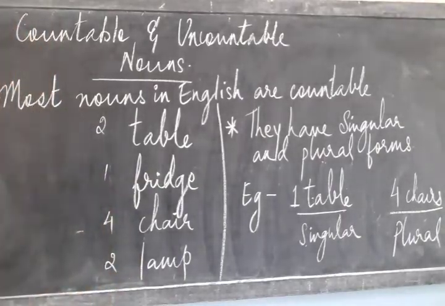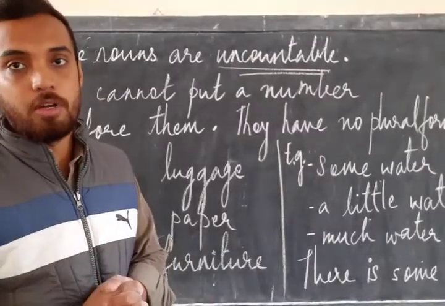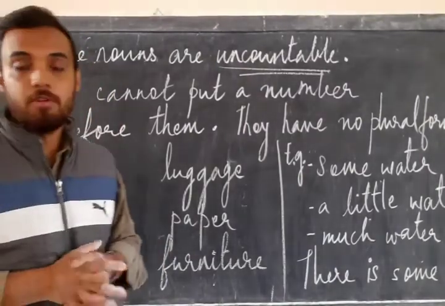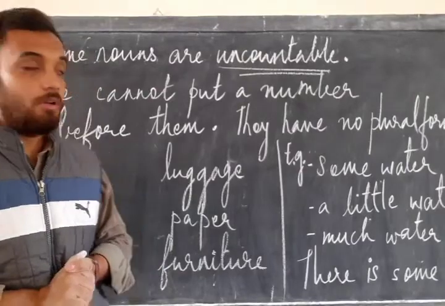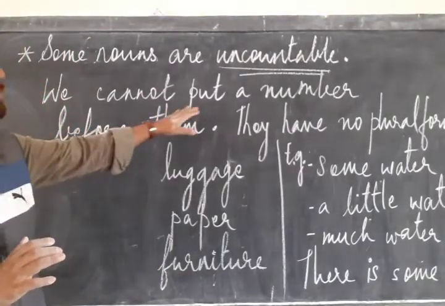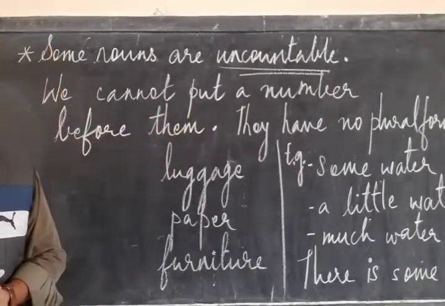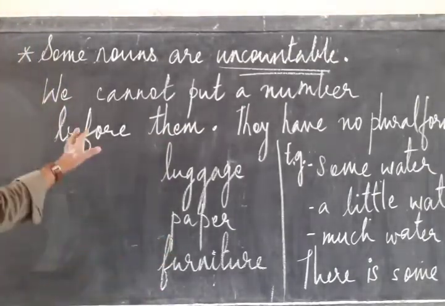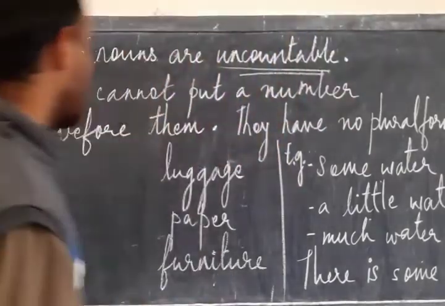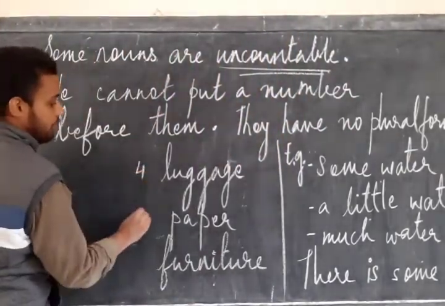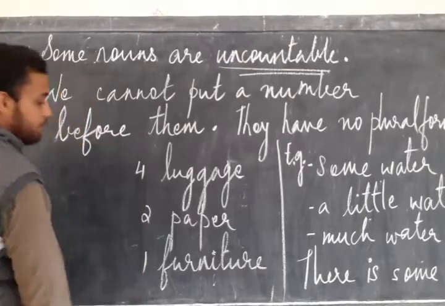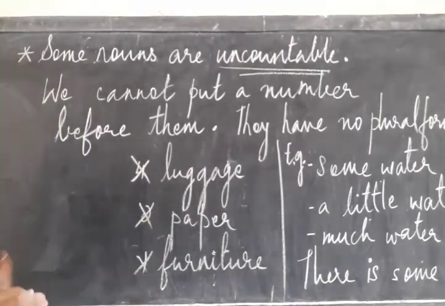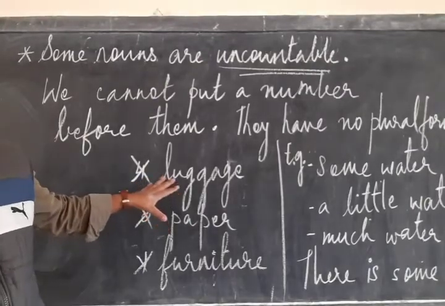Now coming to uncountable nouns, you can see some nouns are uncountable, which cannot be counted. We cannot put a number before them. Example: luggage, paper, furniture. We can't put numbers like 4, 2, 1 before the uncountable nouns.